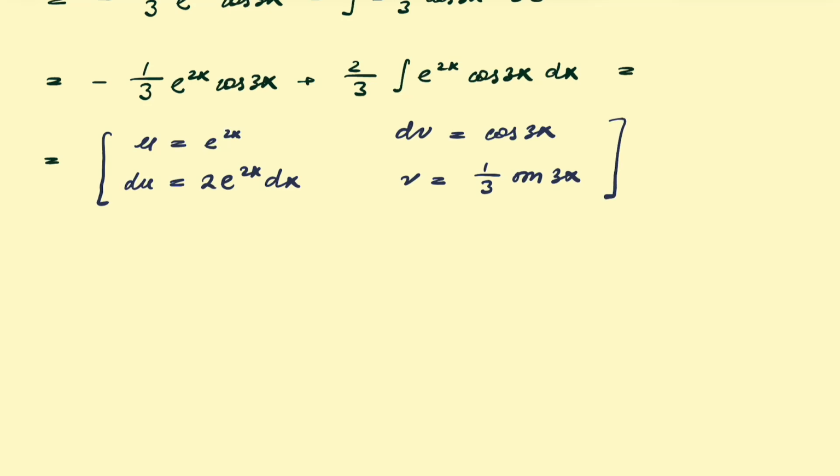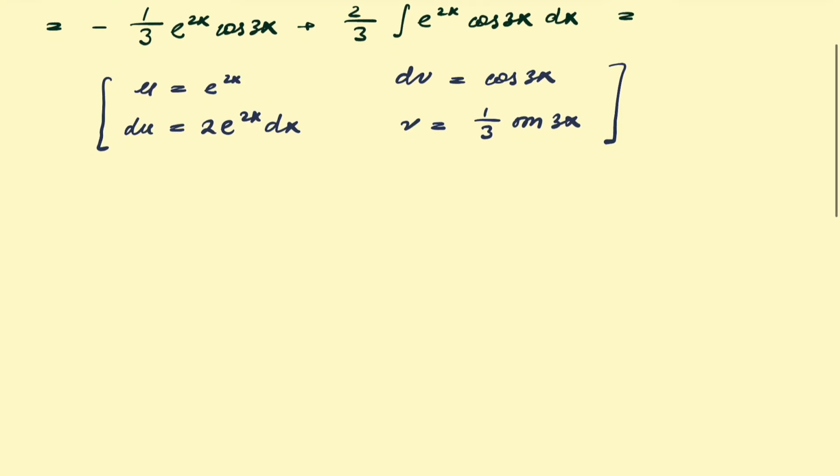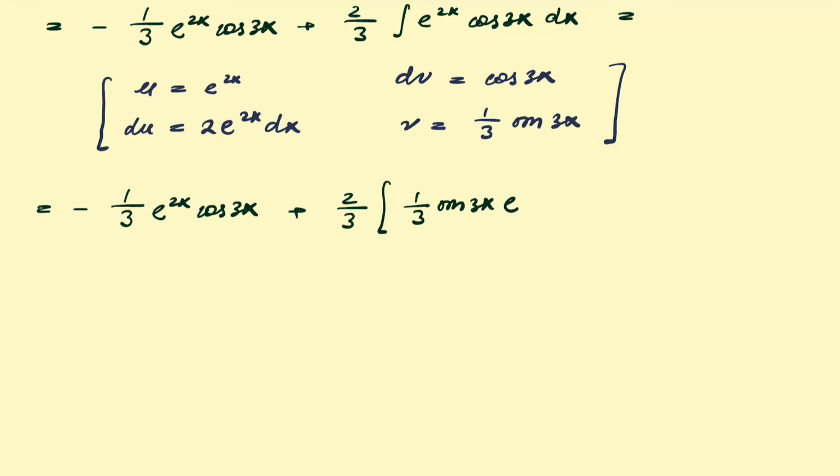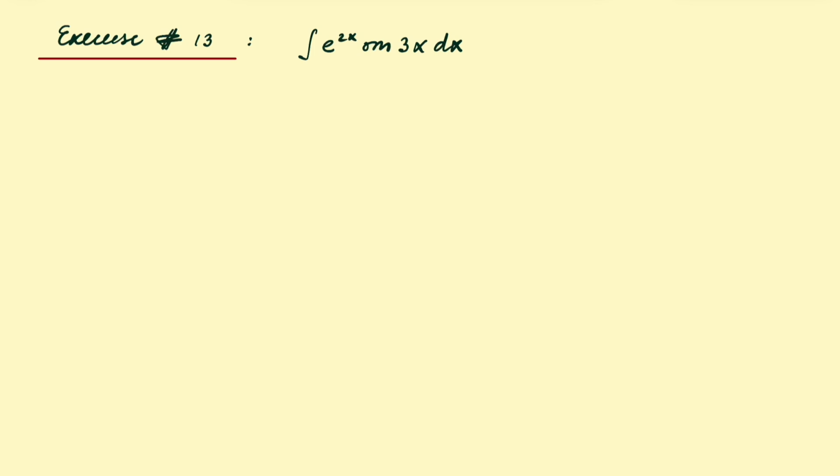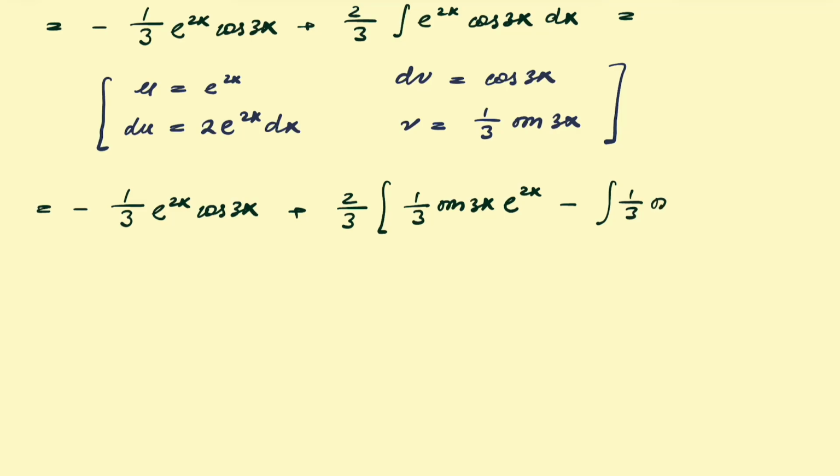Okay, now it's equal to, I'll just copy this, but if you're with a pen or pencil, you'll need to write this one more time, plus 2/3 times 1/3 times sine of 3x times e to the 2x minus, right, minus an integral of 1/3 times sine of 3x times 2 times e to the 2x dx. Great.